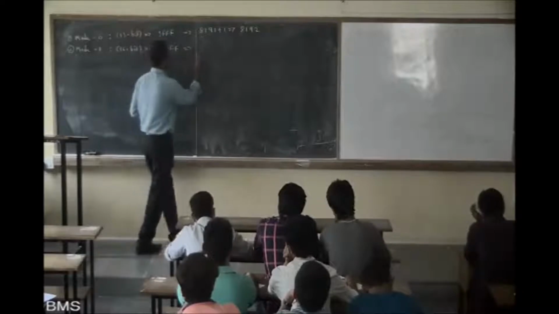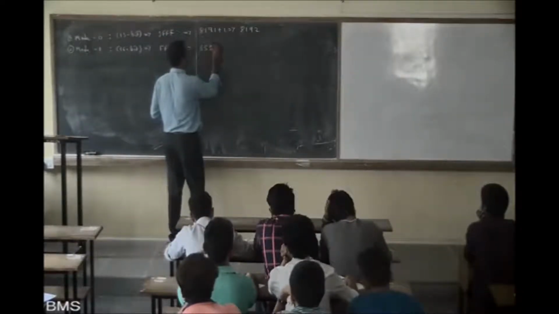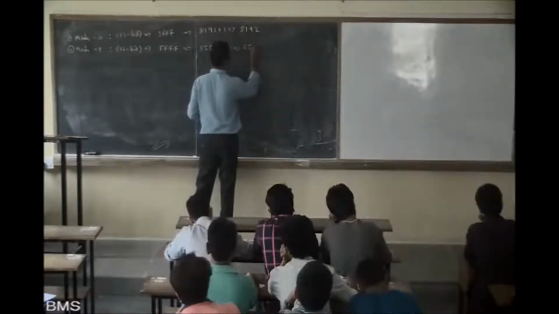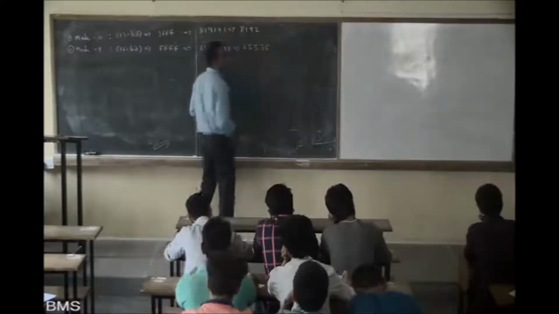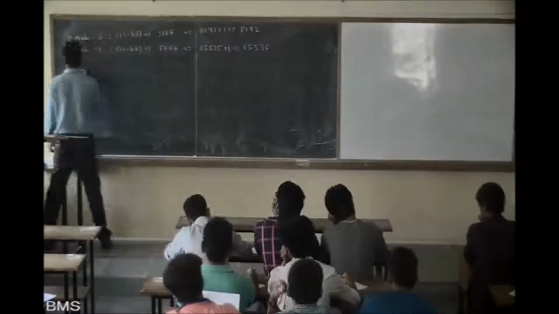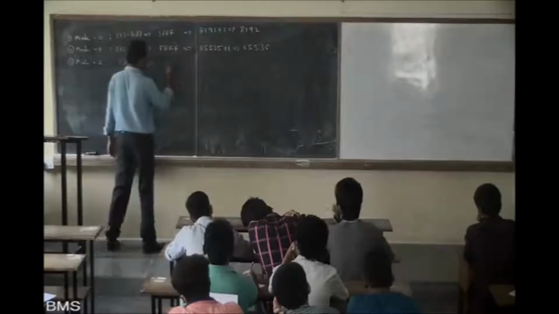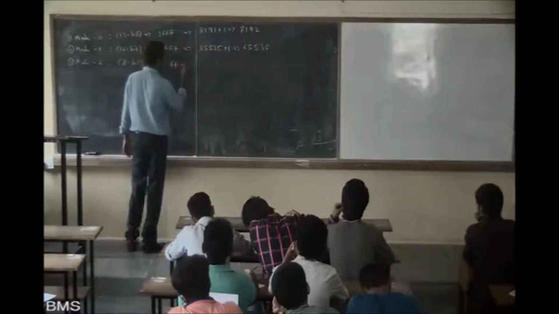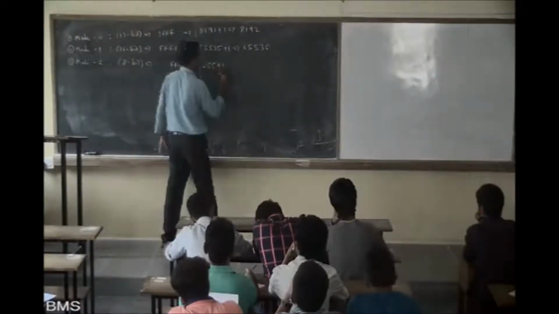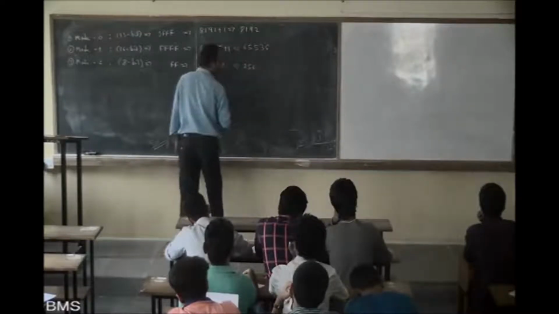FFFF, that is 65,535 plus 1, that is 65,536. Similarly, 8-bit, that is FF, that is 255 plus 1, 256.